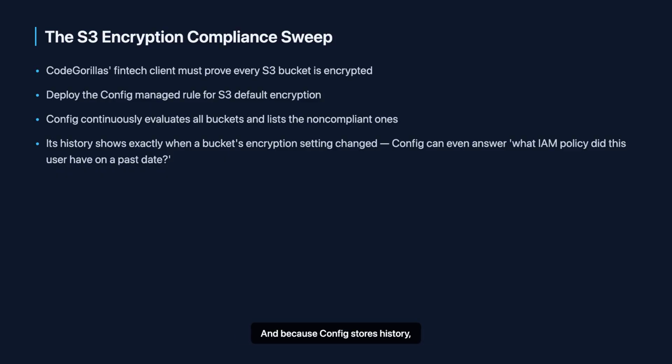And because Config stores history, it can show exactly when a bucket's encryption setting was changed. In fact, Config can answer surprisingly precise historical questions, like what IAM policy a particular user had on a specific past date, because it stores configuration snapshots over time, not just the current state.